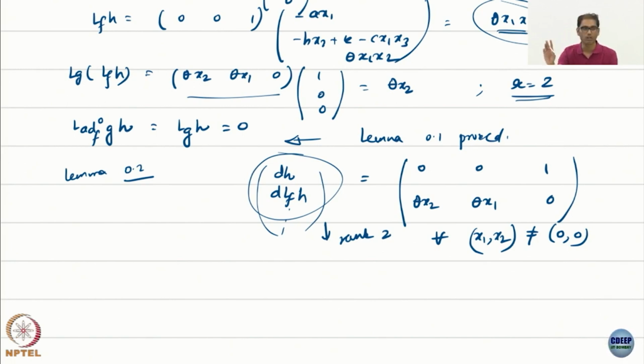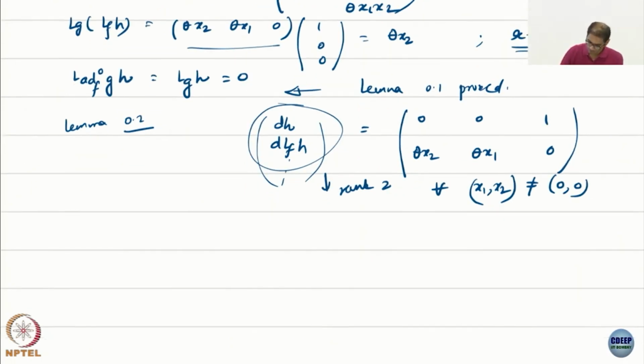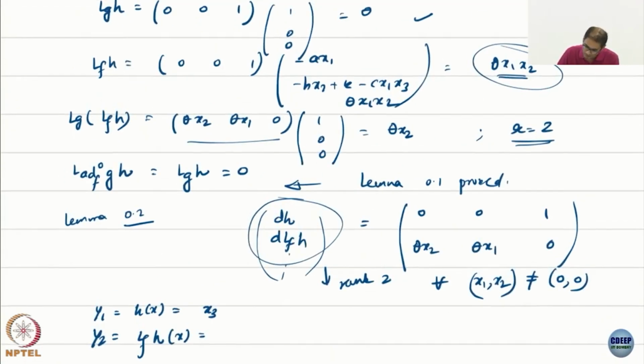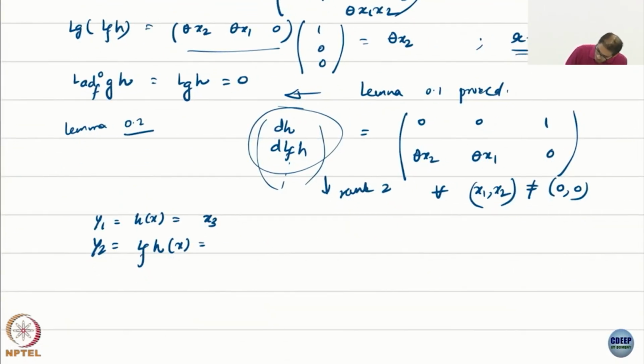We are done, we have coordinates, right? So what are our coordinates now? y1 is hx itself, which is x3. y2 is Lfhx, that's what we chose, which is theta x1, x2.